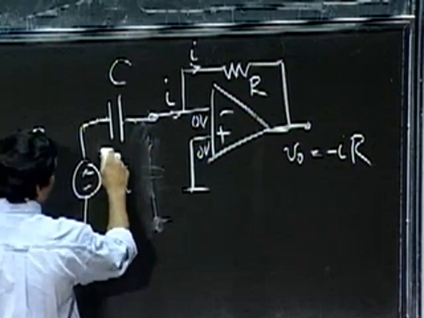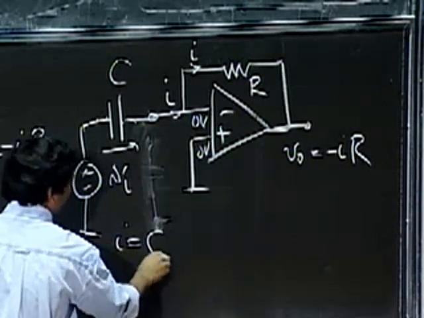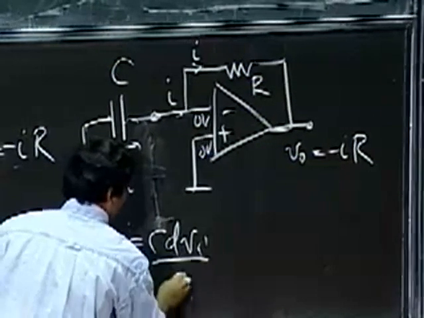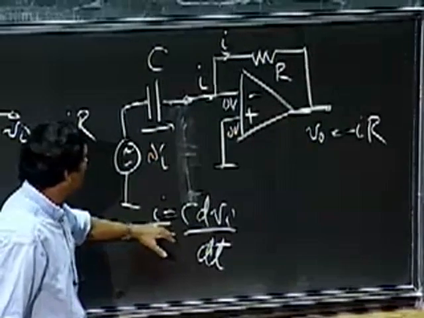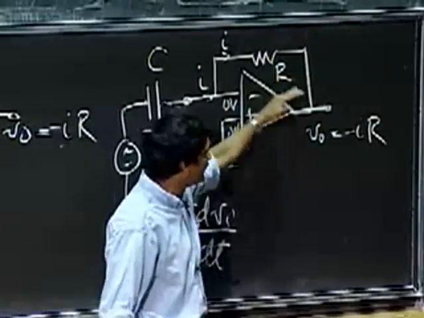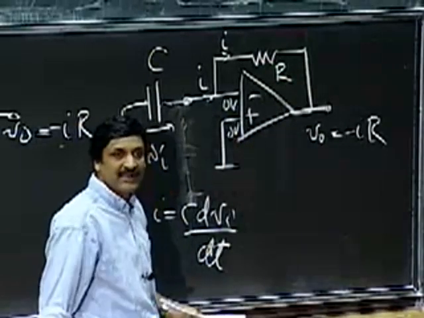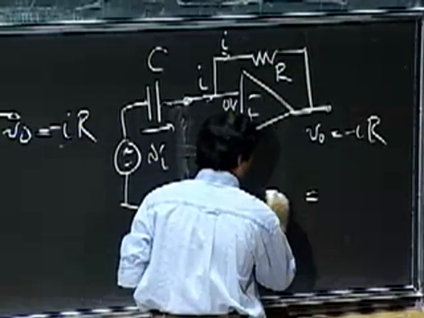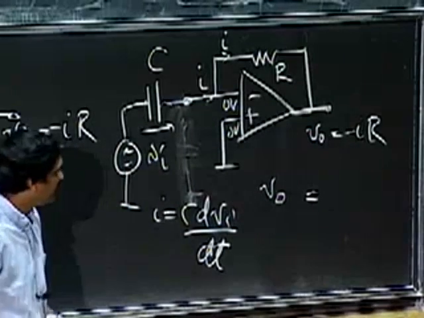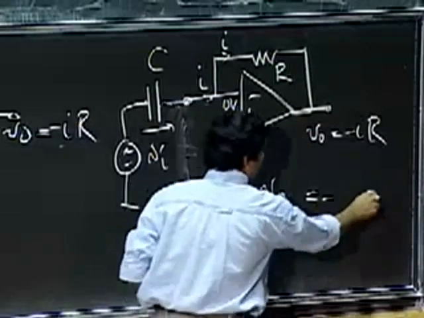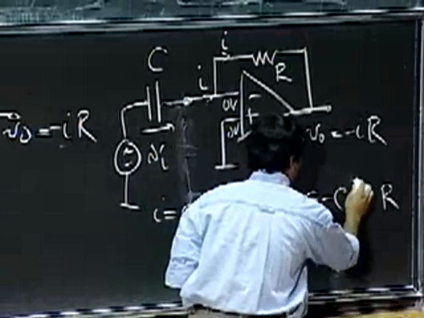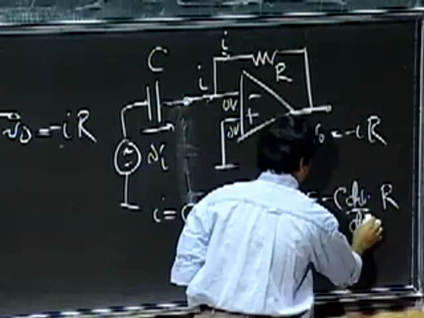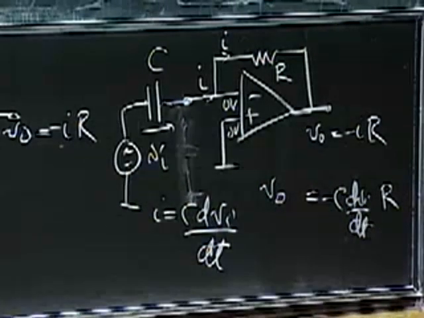But the current I here is simply C dVi/dt. And since that current is C dVi/dt, that current flows through here and gives me V naught as IR. So V naught is simply minus R, let me substitute for I there, C dVi/dt.